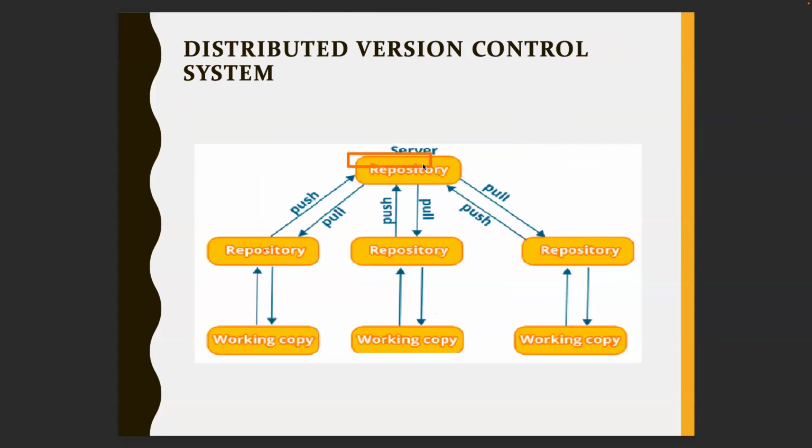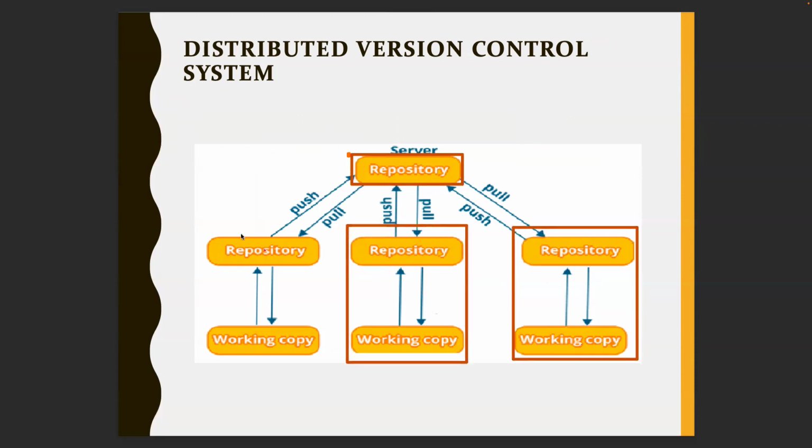See here, in a distributed version control system, there'll be a central server or remote repository where all the project work is kept. And this is the workstation of each individual user or collaborator, let's say developer 1, developer 2, and so on.